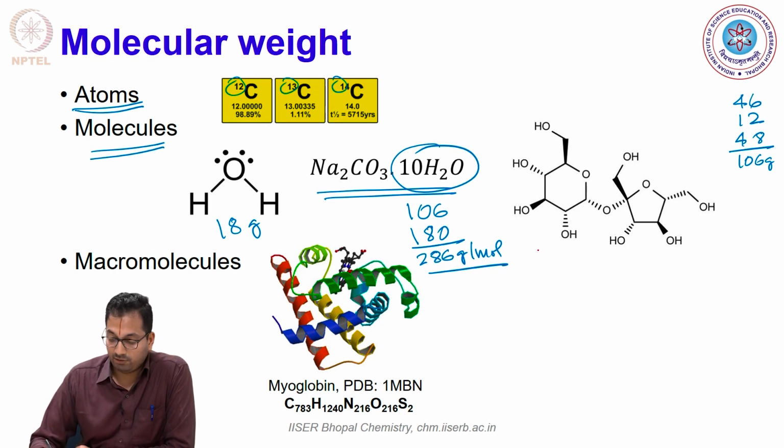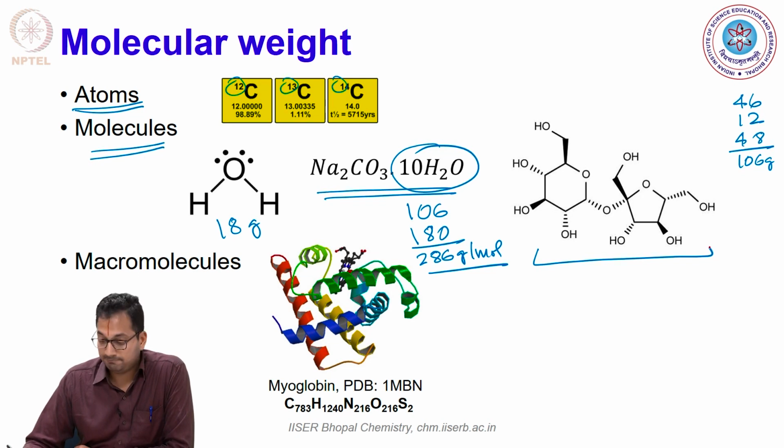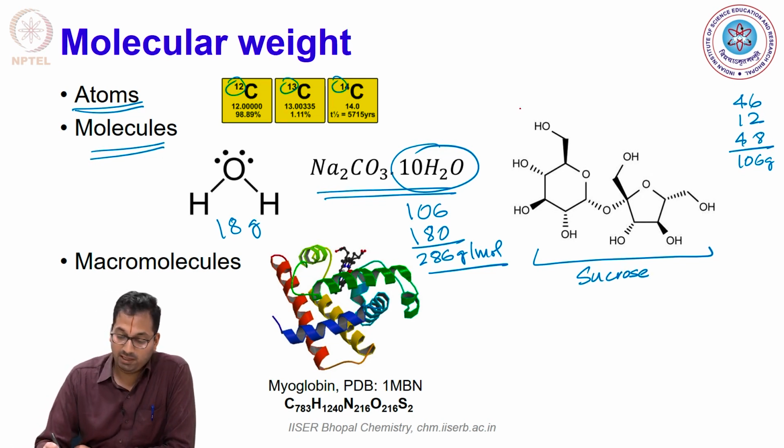On the other hand, if you are going to larger molecules, as you see here, this is a molecule of sucrose. Sucrose is made by the combination of glucose and fructose, and as you would all know, glucose and fructose are isomers of each other, meaning that they have the same molecular weight.